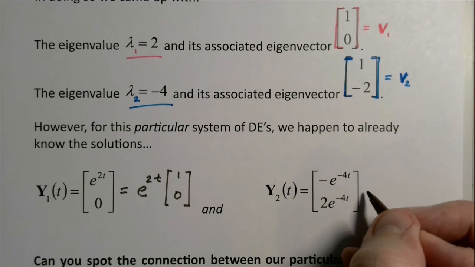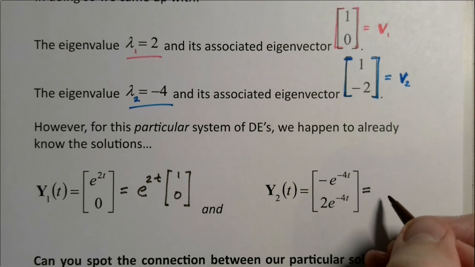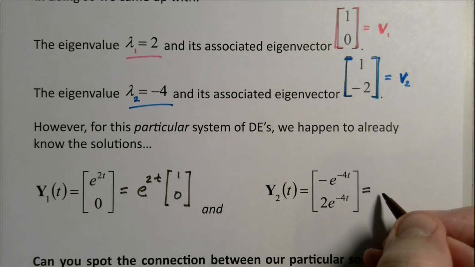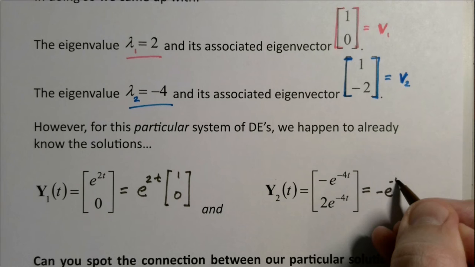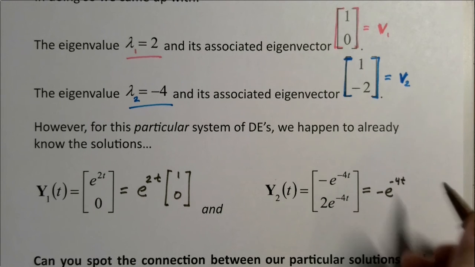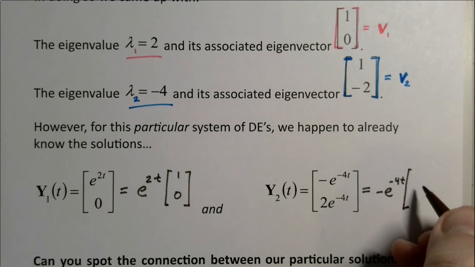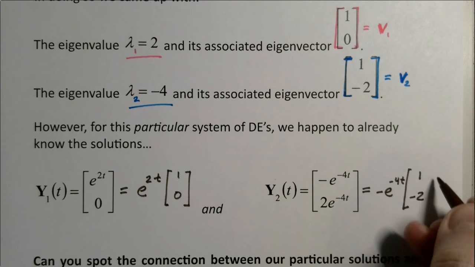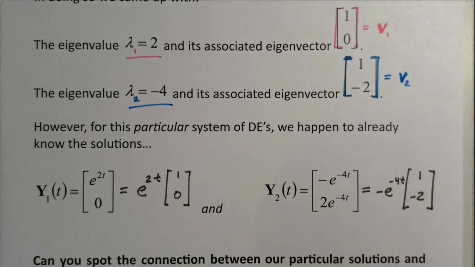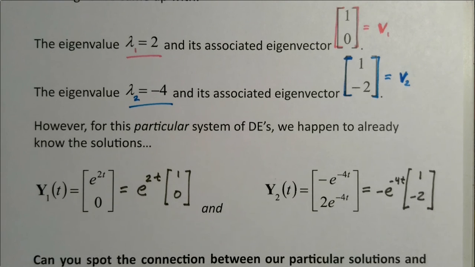And for y2, the other straight line solution, we saw that we could factor out a negative e to the -4t. You'll see why in a second by factoring out that negative. I'm left with 1 up here and -2 down here. See anything familiar?